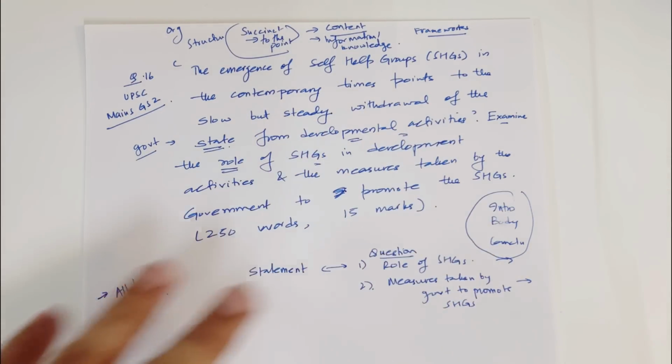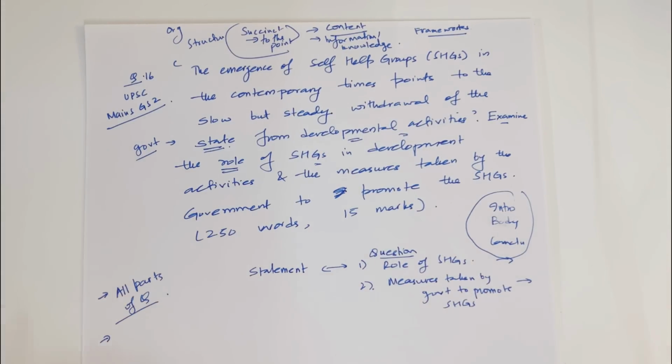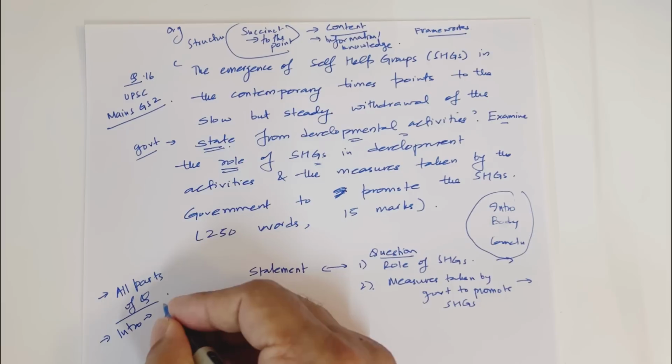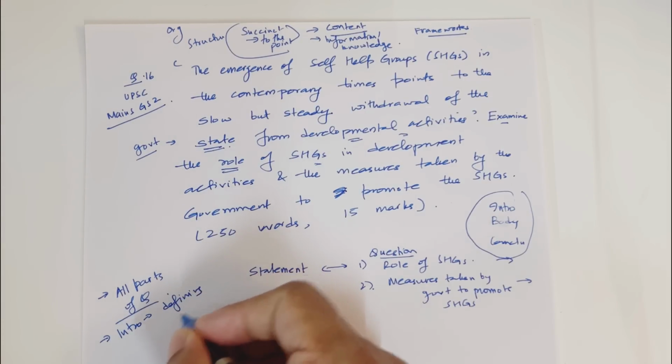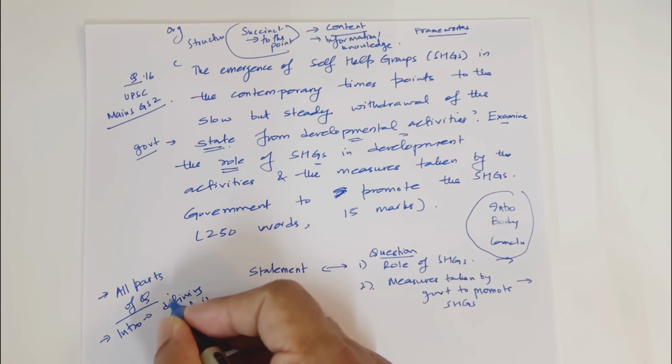Intro, body, conclusion, follow this, but depending on the question, the intro, the body and the conclusion could be different. Here they have asked about the role of SHG, so the intro could simply define what an SHG is.